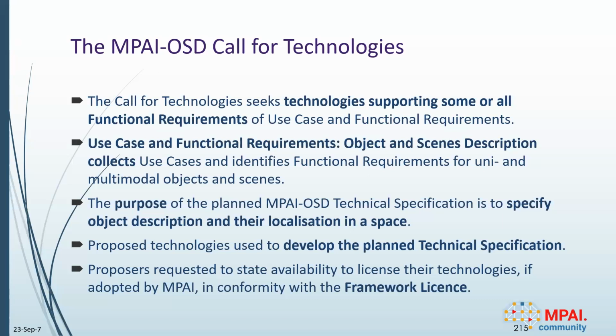The purpose of this technical specification that we plan to develop is to specify object description and their localization in a space. The proposed technology will be used to develop the planned technical specification.